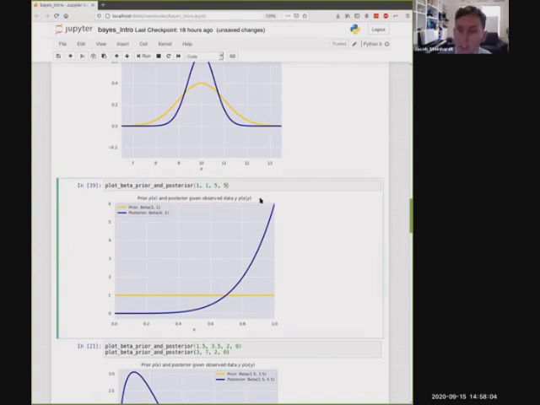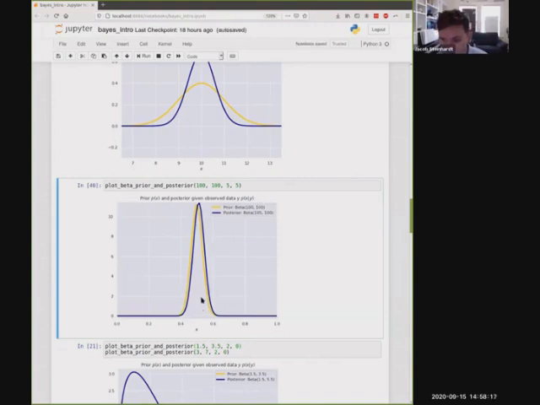So let's suppose I did a beta of 100, 100 prior. Then that says that I'm super confident that things have close to 50% positive reviews as my prior.